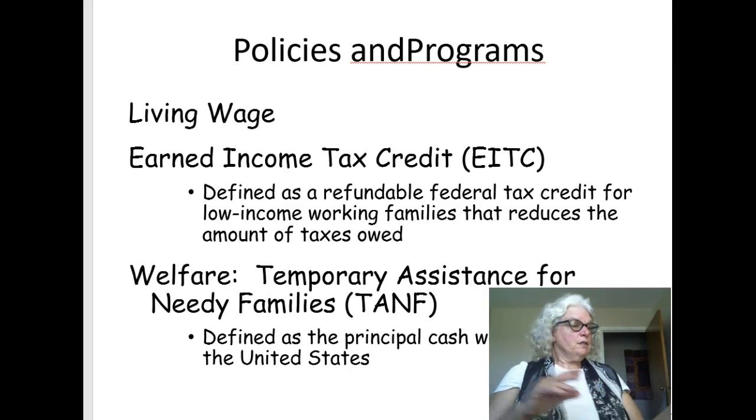And in the welfare system, we move from ADC and general relief, which are eliminated. And with that, we lose almost 50% of the people off the welfare rolls that just disappear.